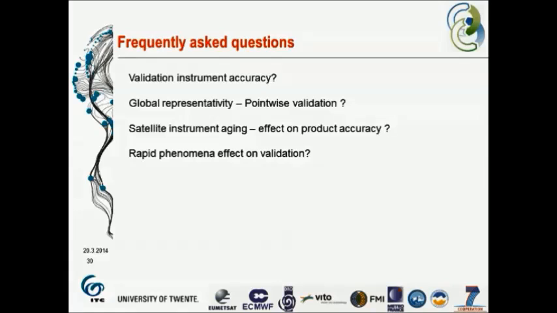Okay. And rapid phenomena and effect on validation. I mean, if you are interested in very quick melting or something, what can you say? This is a problem, especially for surface albedo, since optical instruments can't see through clouds.